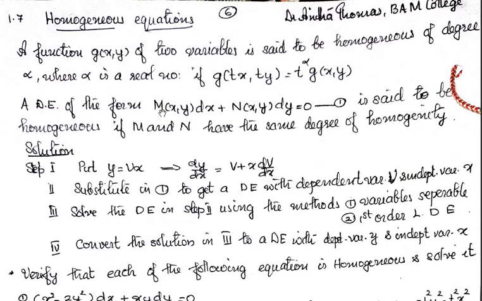That means if M of x comma y is of degree 2, then N of x comma y is also of degree 2. Then only we can say that this differential equation is homogeneous of the same degree.